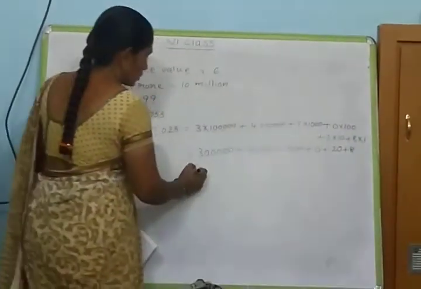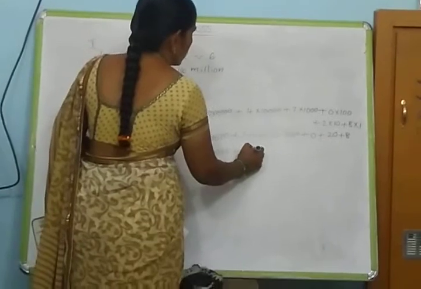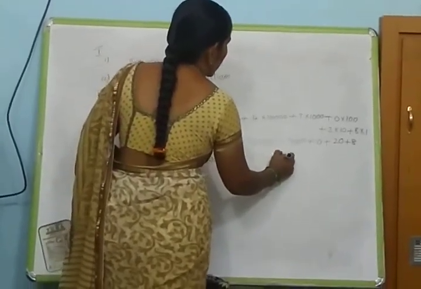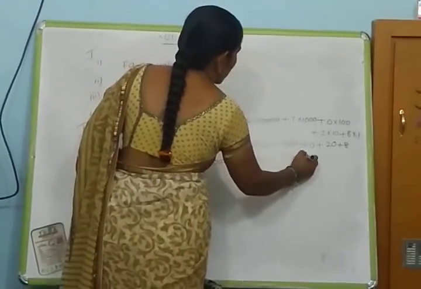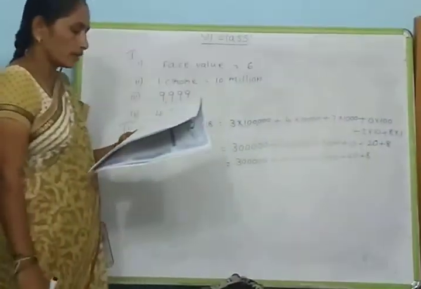So we can remove 0. So 3 lakh plus 40,000 plus 7,000 plus 20 plus 8. Like this you have to write expanded form.